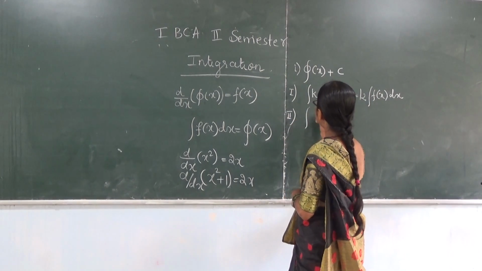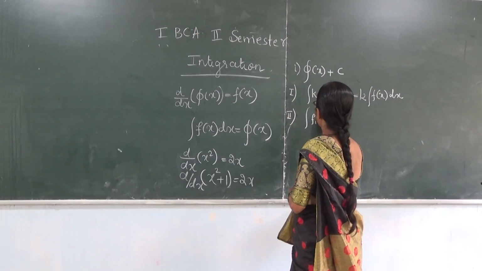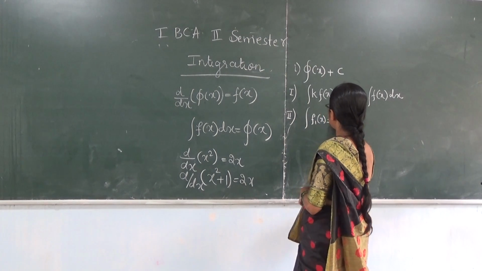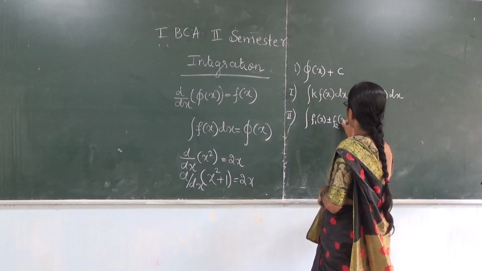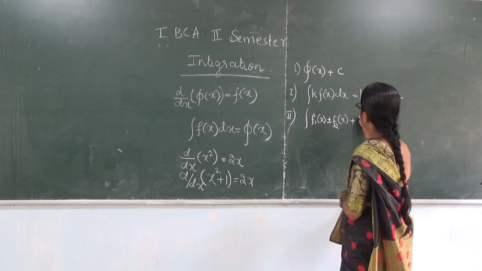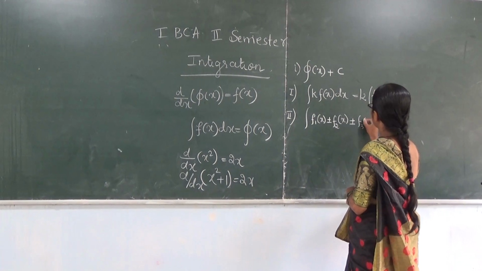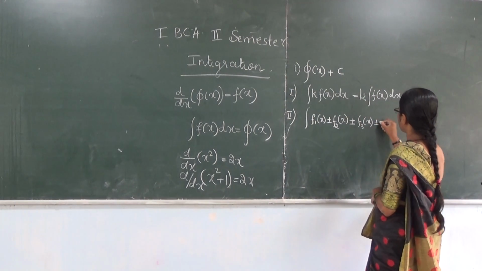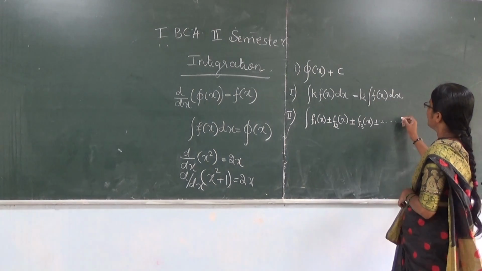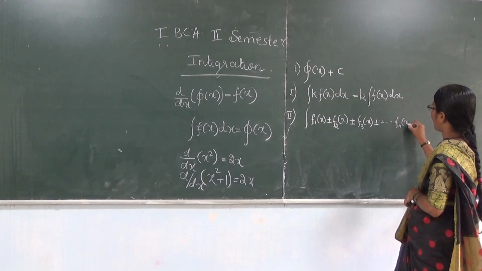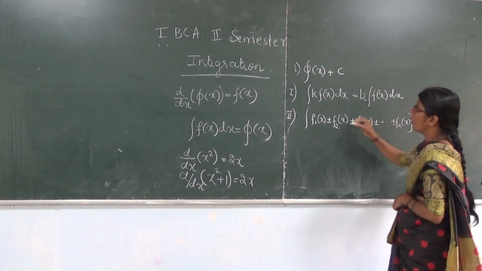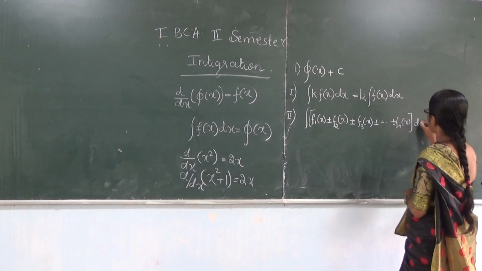The second rule is integration of the sum or difference of one or more functions. Suppose you have f1 of x plus or minus f2 of x plus or minus f3 of x, and so on, plus or minus fn of x. So you have to find the integral of this function.